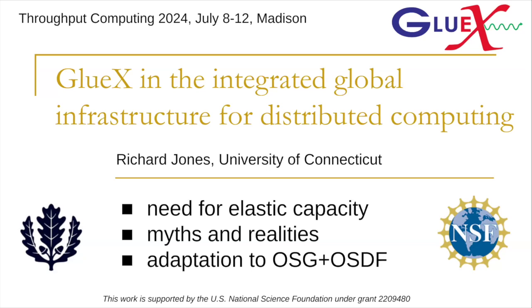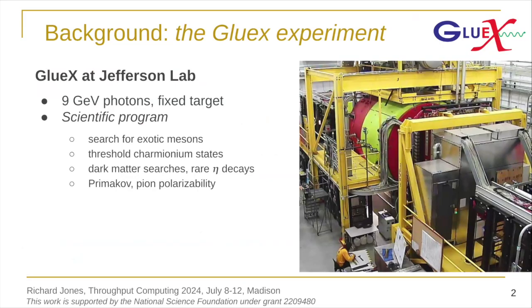Okay, so let's start off then with an overview of the experiment. This is a typical intermediate energy experiment, which is sort of a one to two story high experiment built into an accelerator complex. We have 9 GeV photons and a fixed target.